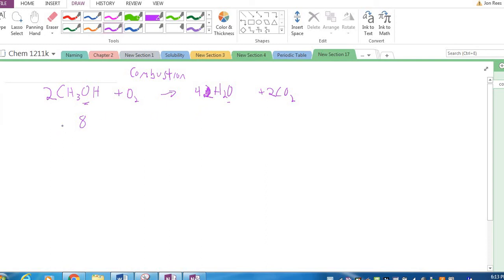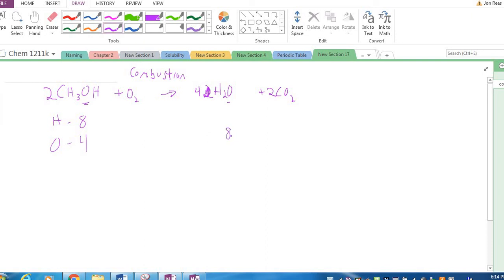Now let's worry about those oxygens. On this side I've got 2, and I've got 4 oxygens on this side. Looks like I've got 4 oxygens on this side, and on this other side I have got 4, and 4 is 8.